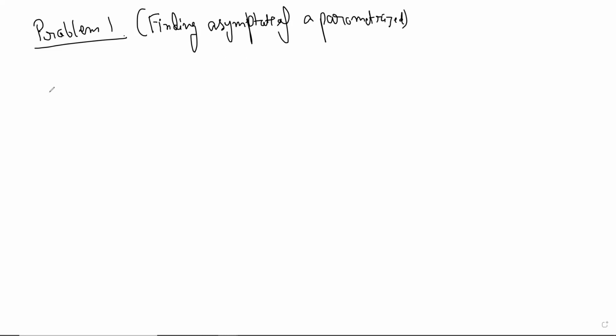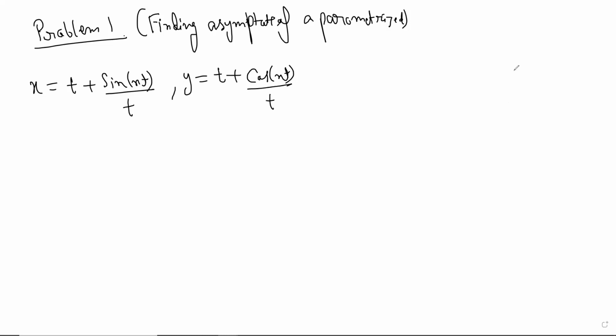So what is it that I'm saying? You look at this thing. x equal to t plus, you will see this is an example I've taken, and then y equals t plus cos nt, comma, nt by t. This is a parameterized curve in the sense that when the values of t change, you can just say that t is in R, and as the values of t change, this becomes a function from R to R2, right?